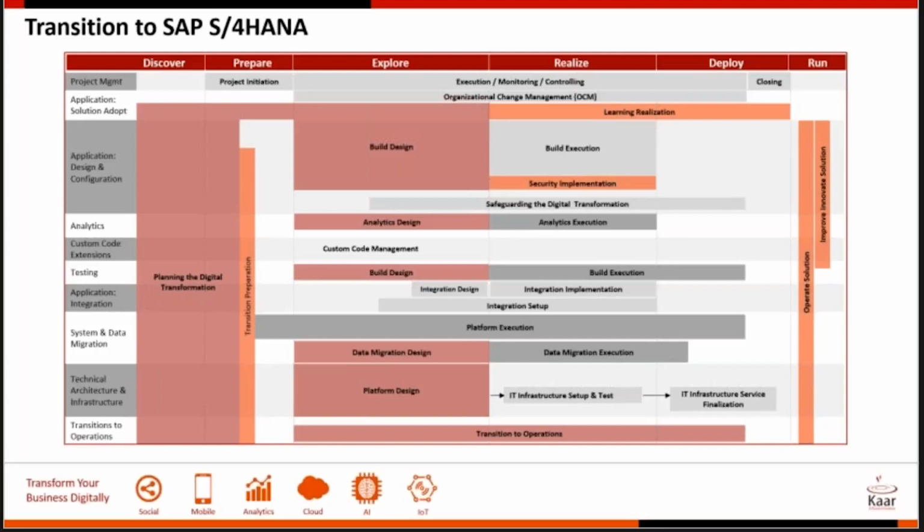And then with respect to the integration workstream, this primarily is how you integrate the converted S4 environment into your third-party systems. This could also include the SAP Cloud Platform if you intend to develop more applications on SAP. And then the system and data migration.